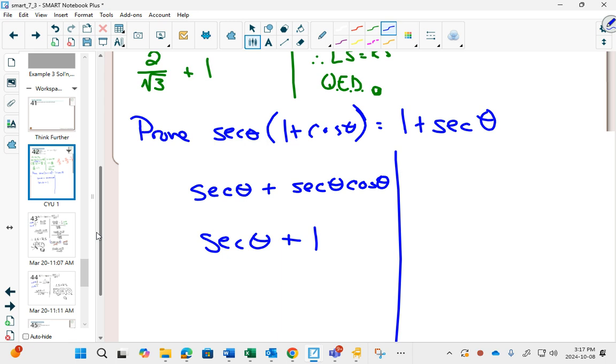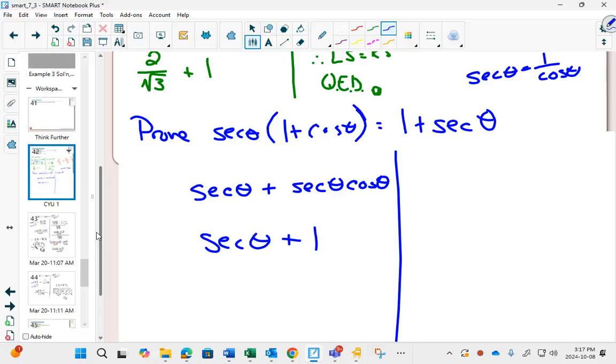How can I make secant theta cos theta equal to 1? Well, on your definition is this, right? Can you see in that definition that if you multiplied both sides by cos theta, you would get secant theta cos theta? And on this side, you'd be left with 1.